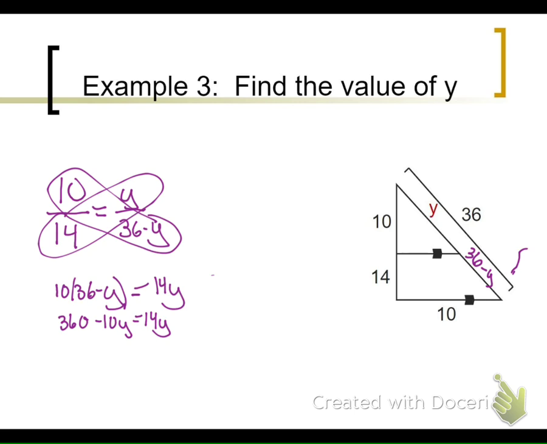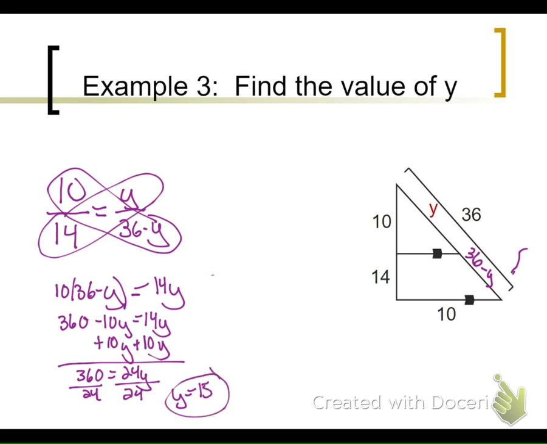Add 10y. I have 360 equals 24y. We need to get y by itself, so divide by 24. y equals? 15. Thank you. That is a 5.